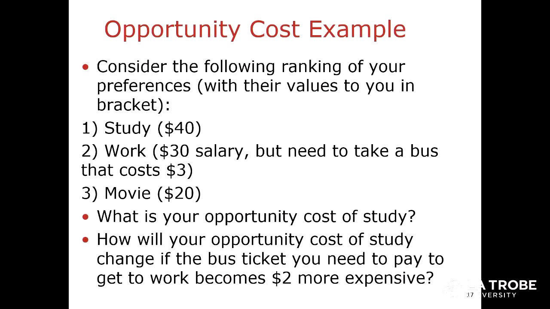Does it make sense? So if tomorrow the transport is not $3 but $5, your opportunity cost will be 25, okay? So what you give up has less value. So really think about the opportunity cost as the value of my second best option. If it becomes less attractive because of X or Y reason, the opportunity cost is falling.